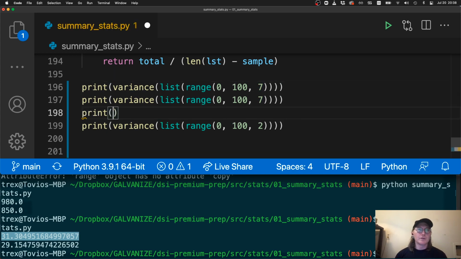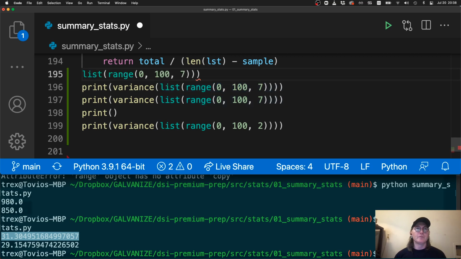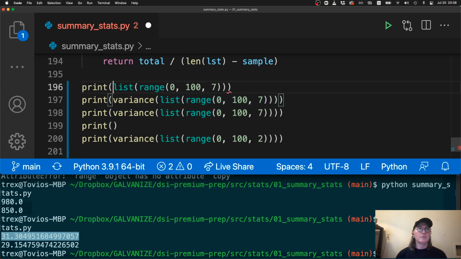Let's actually just print this list as well. And we'll do the population first.